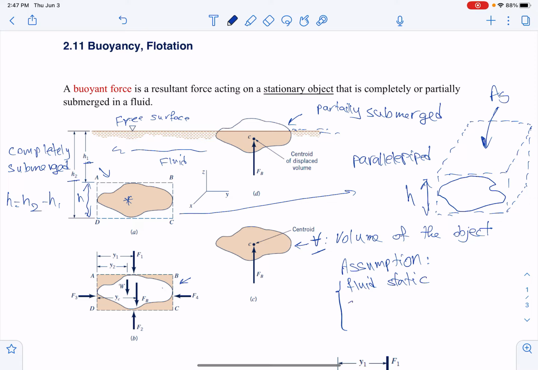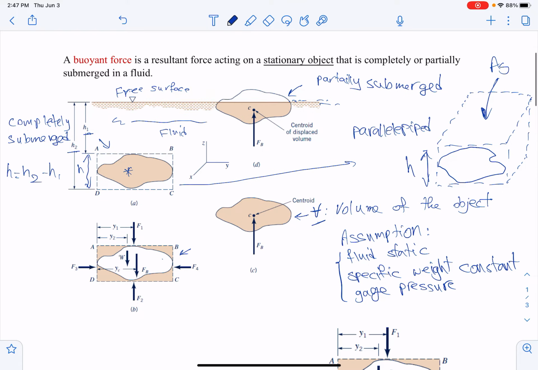Let's say that the specific weight or density, which we talked about in the previous section, is constant. And the other thing is, most of the time I always use gauge pressure.